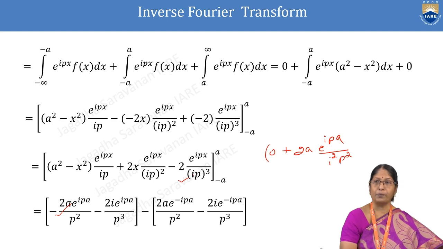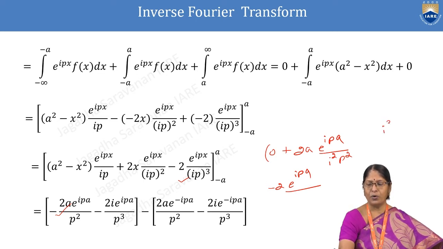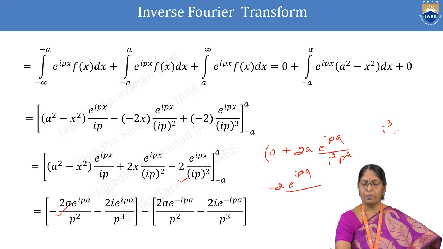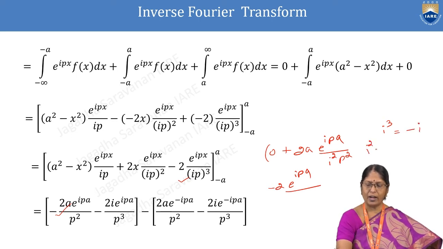Next, here we will substitute. So minus 2 e power ipa by i cube p cube. I cube is nothing but minus i, because i cube is i square into i, and i square is minus 1, into i, it is minus i.